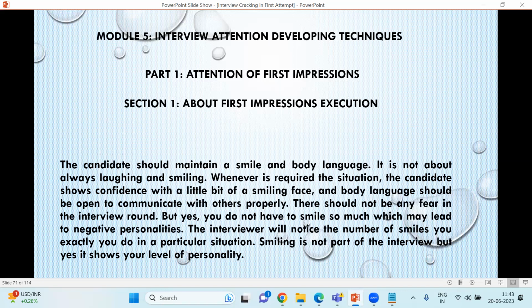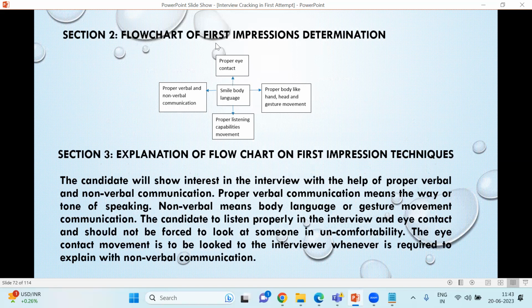Next, we'll move to the next slide for Section 2. Section 2 is the flowchart of first impressions and determinations: smile and body language. What is smile body language? It has 4 categories. First is proper eye contact with the interview panel or the persons involved in the interview room. Second is proper verbal and non-verbal communication.